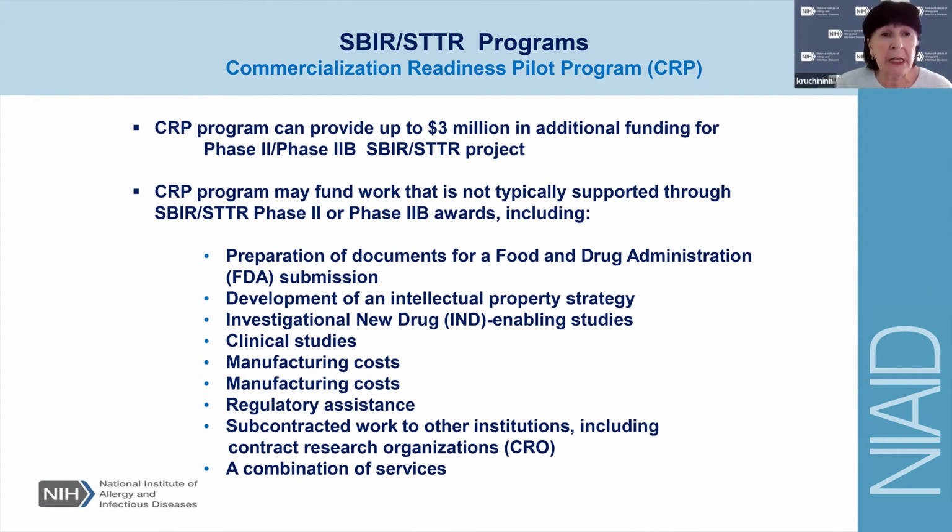As I mentioned, this program allows additional funding, but for some activities which are different from phase 2B, and there is a list of the activities allowed with this program. Budget, again, is 1 million per year, up to 3 million.